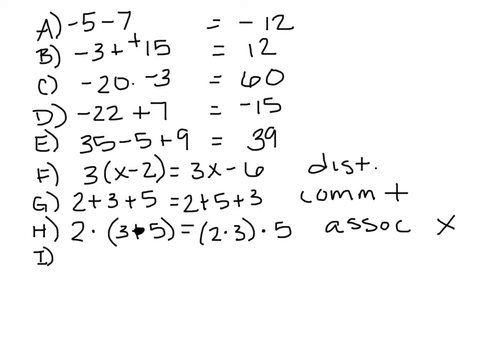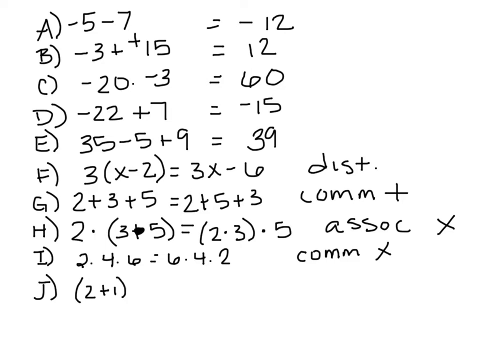I said 2 times 4 times 6 is equal to 6 times 4 times 2. So no parentheses, we're using the commutative property of multiplication. And J, the quantity of 2 plus 1 added to 4 is equal to 2 added to the quantity of 1 plus 4. And again, that word quantity is telling me parentheses, which tells me associative property of addition.